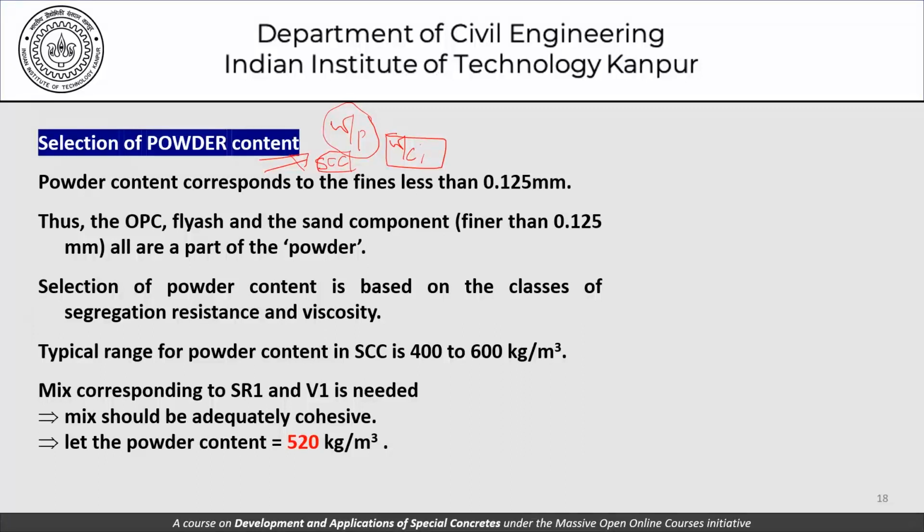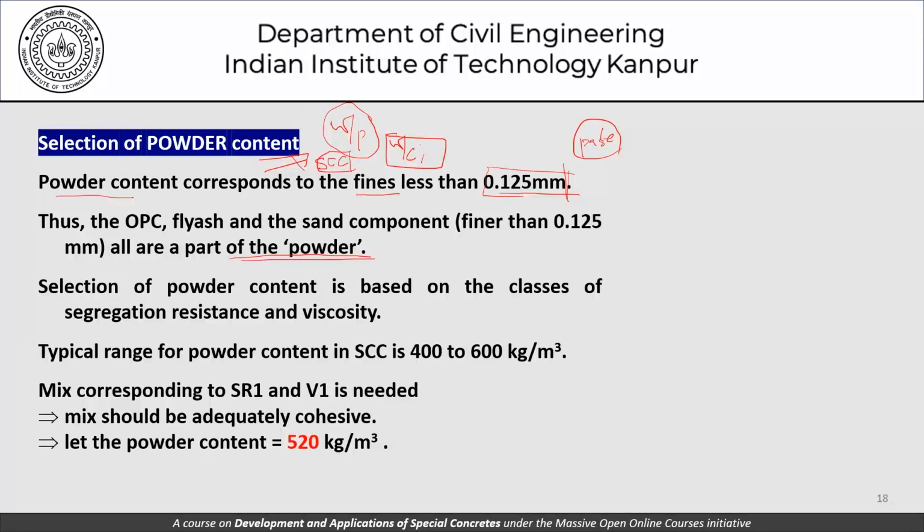Now the powder content here corresponds to all fines less than 0.125 mm. This is a matter of convention, and we say that so long as the powder that is being used is less than 0.125, it will all contribute towards the paste content as far as that concrete is concerned. So now OPC, fly ash, and the sand component finer than 0.125 will all be a part of powder.